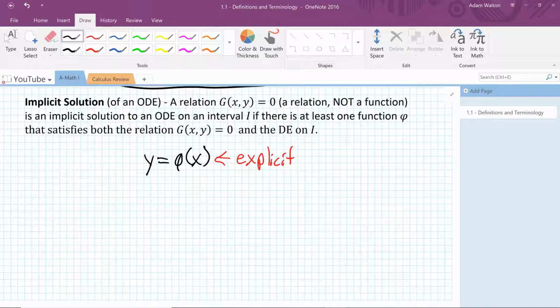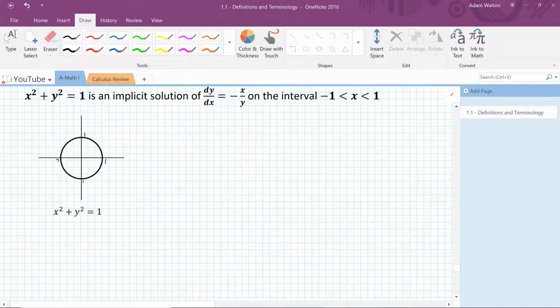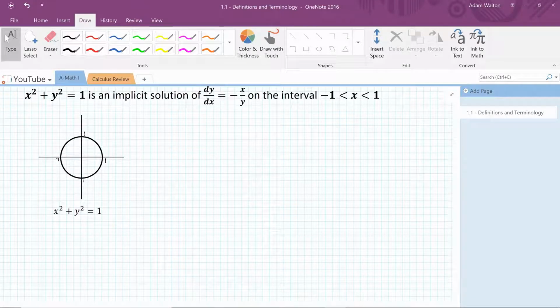So we need to be able to get an explicit solution of the form y equals phi of x from the relation, and it has to satisfy that relation as well as the differential equation. So, without further ado, let's look at an example. x squared plus y squared equals 1 is an implicit solution of dy over dx equals negative x over y on the interval -1 less than x less than 1.